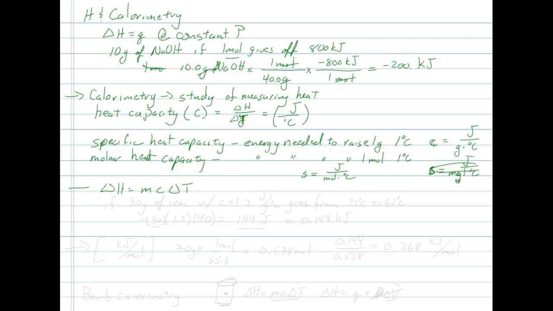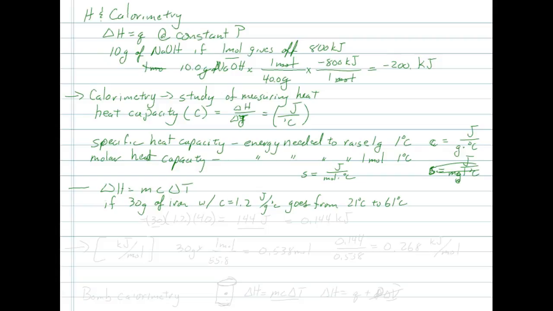An example of a problem like this would be if 30 grams of iron, with a specific heat capacity of 1.2 joules per gram degree Celsius, and that's made up, I have no idea what it is, goes from 21 degrees Celsius to 61 degrees Celsius. How much heat is needed or added or removed? It's going up, so it's going to be added.